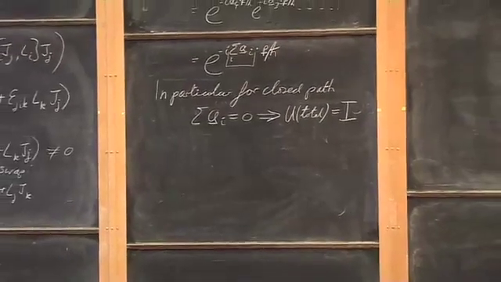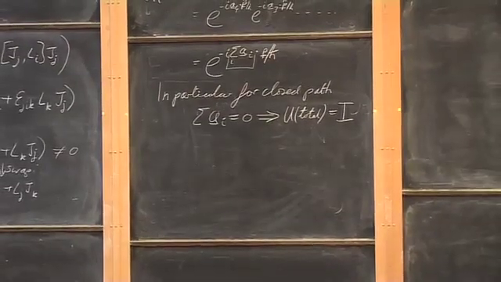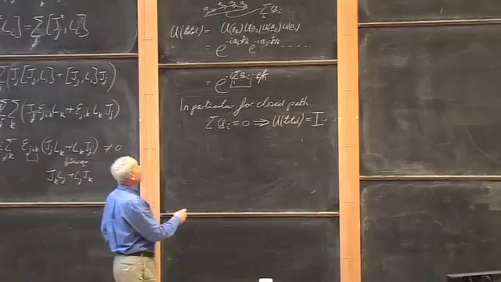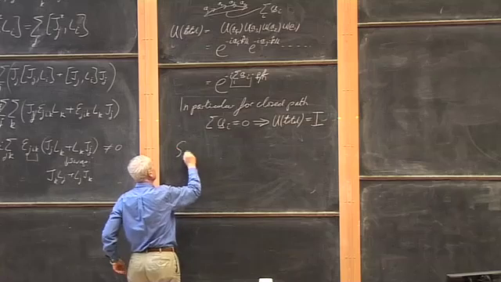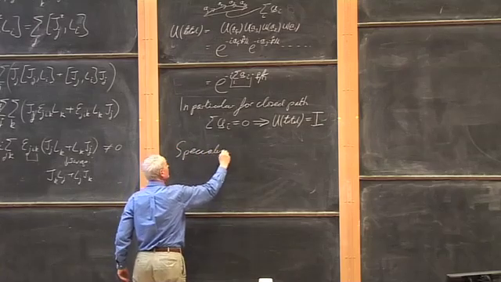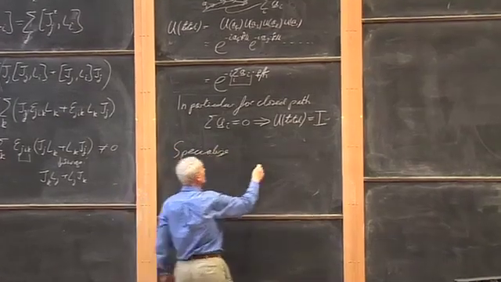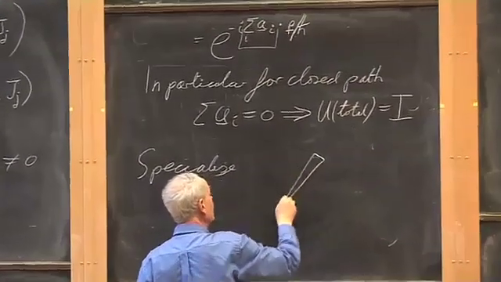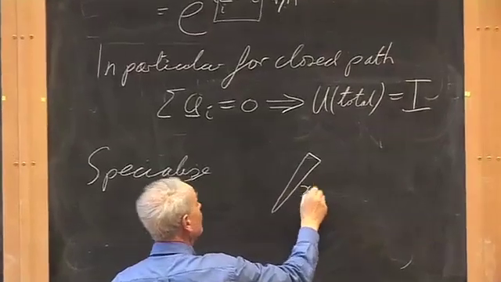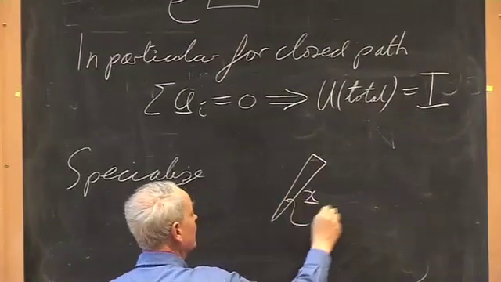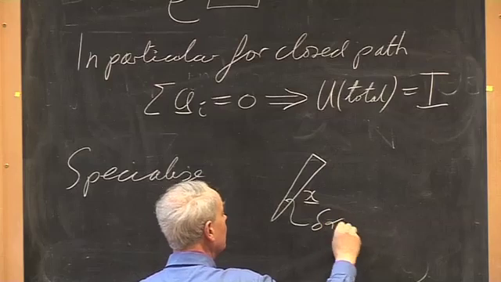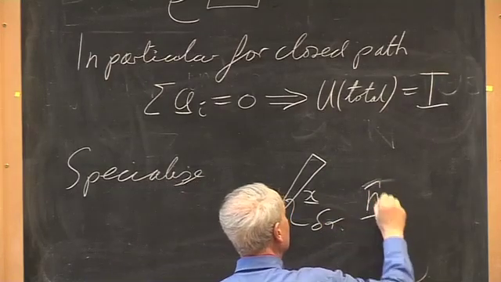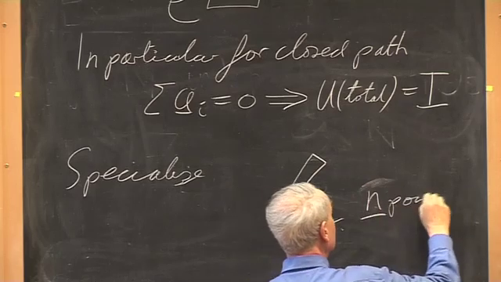So now let's specialize our paths. Let our path be made up of a series of, so let this be x. Let this angle in here be delta alpha. Let n be the unit vector pointing out of the board.